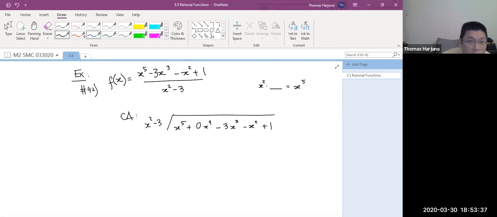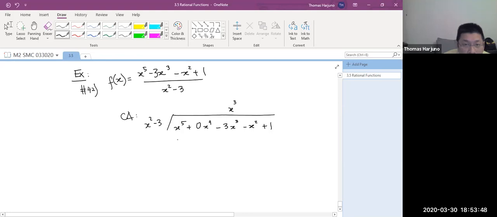That's right, it's x cubed. Let me erase this. Then I distribute this x cubed and I get x to the 5th minus 3x cubed.